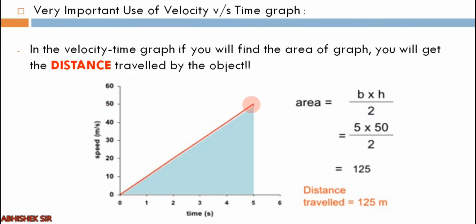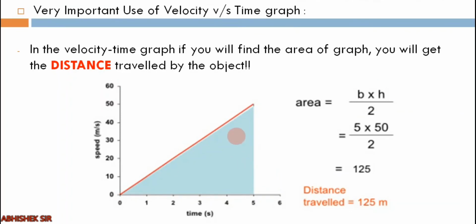So the final velocity is 50 meter per second. Initially it was 0. Now this is a very simple velocity versus time graph. But you can see this shaded region is which kind of shape?